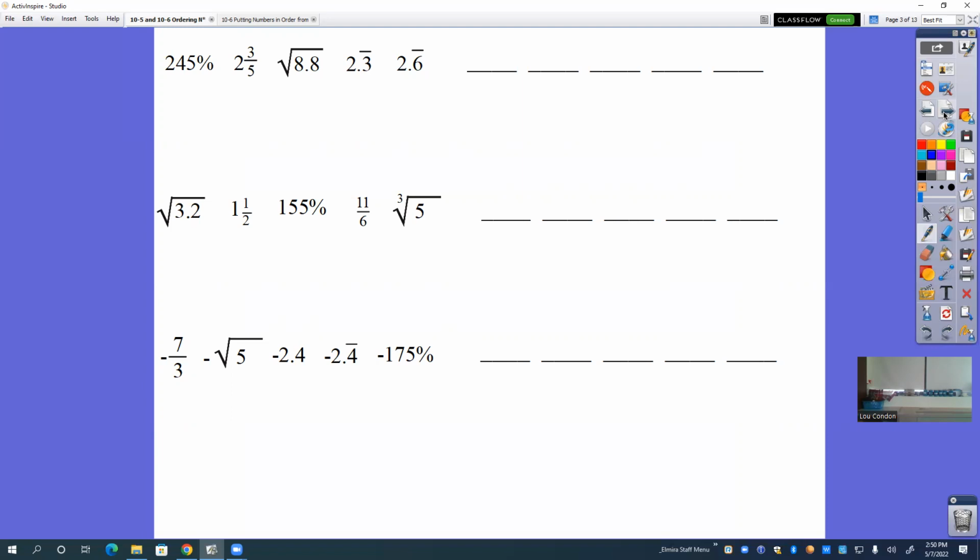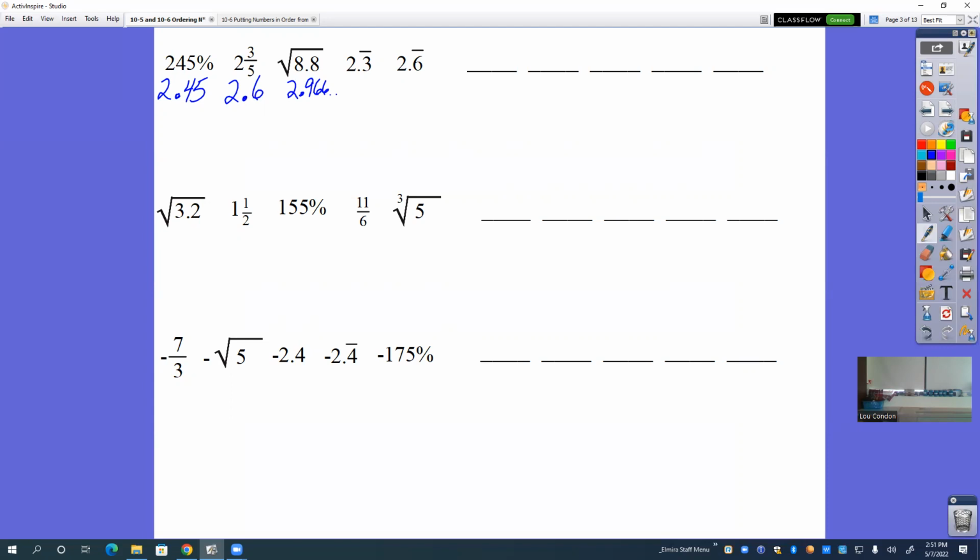So 245% would be 2.45. 2 3/5 would be 2.6. The square root of 8.8 would be 2.966, etc. 2.3 repeating and 2.6 repeating are already decimals.